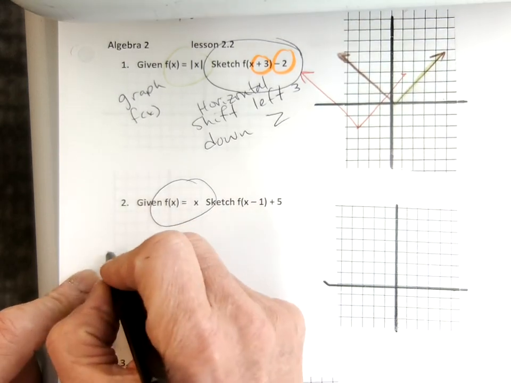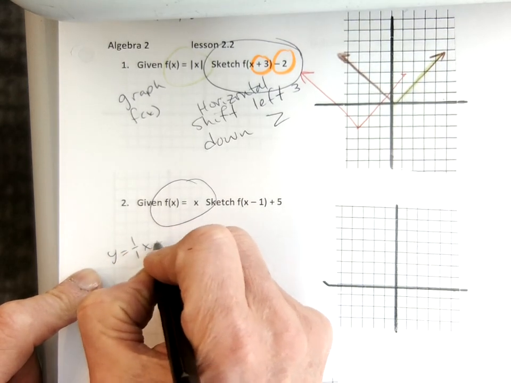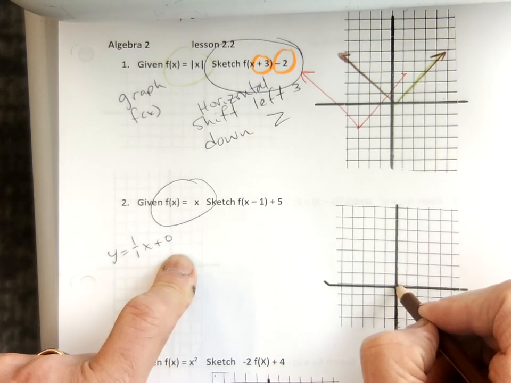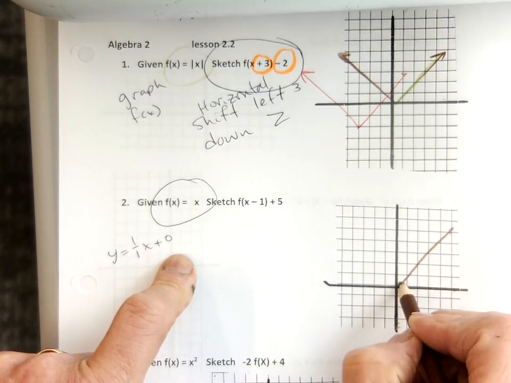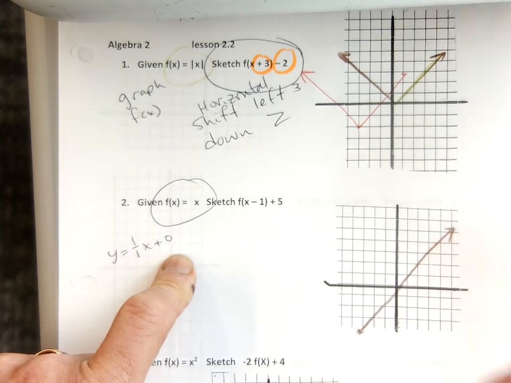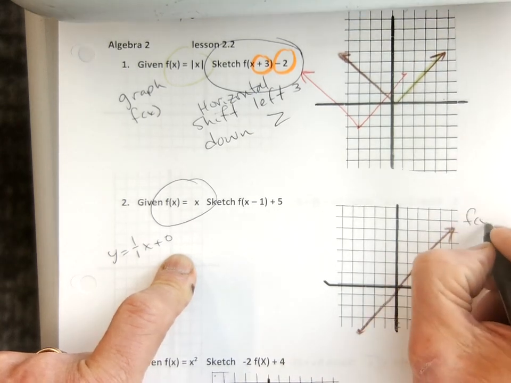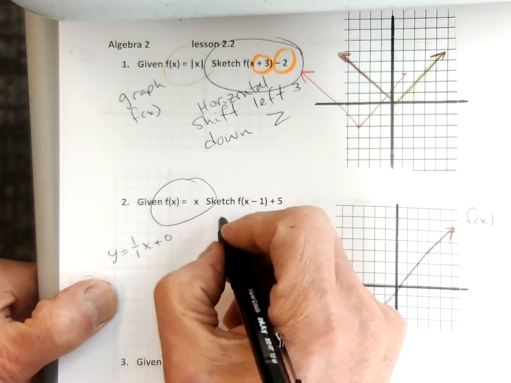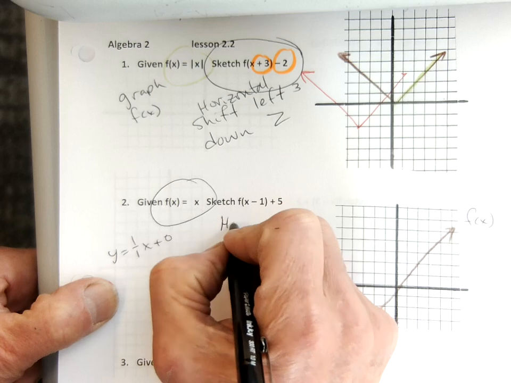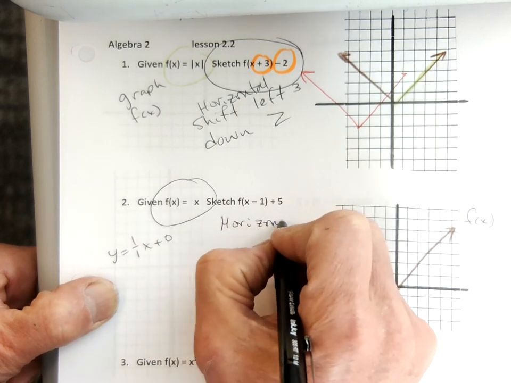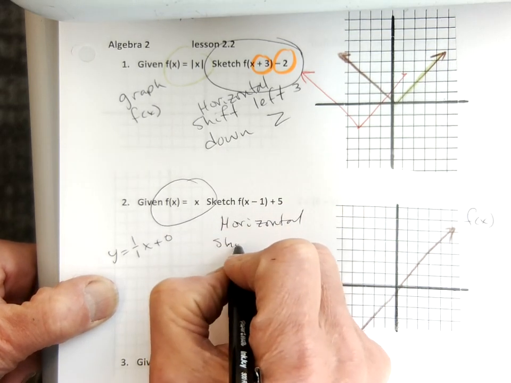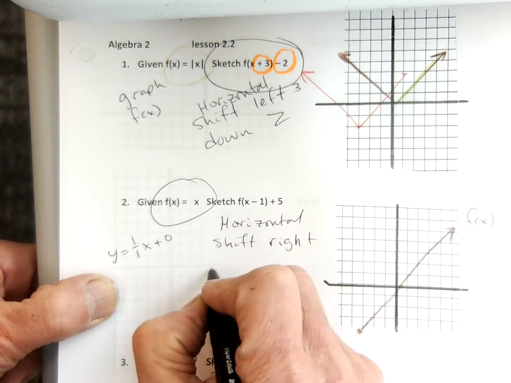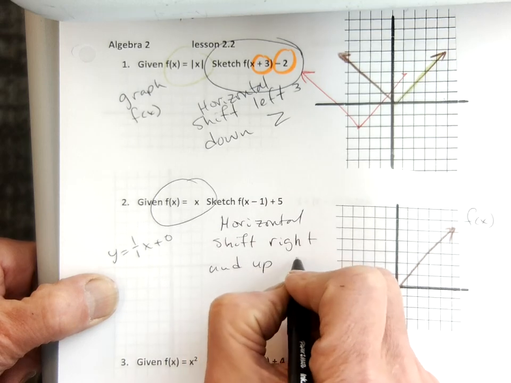That is the same thing as y equals 1 over x plus 0, if you put the invisible numbers in, right? That is this graph right here. That's f of x. And then Gabe's right. We're going to take our function and we're going to move it. We're going to do a horizontal shift to the right 1 and up 5, right?